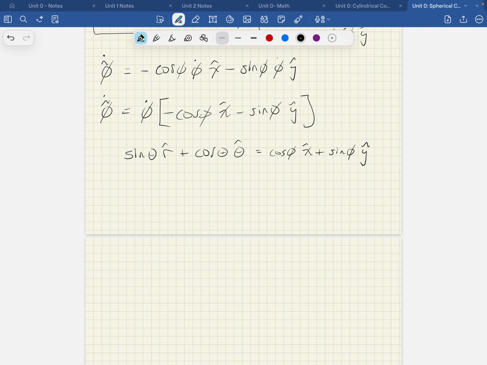Okay, so that gives me phi hat dot is equal to negative phi dot times sine theta r hat plus cos theta theta hat.